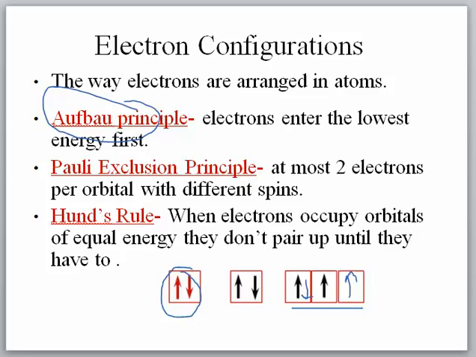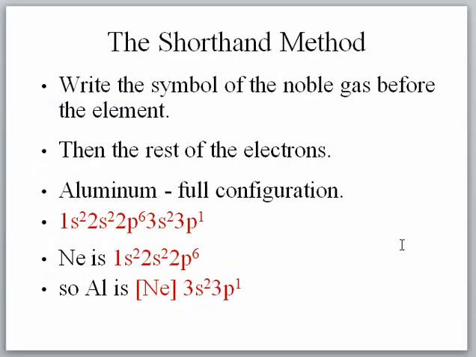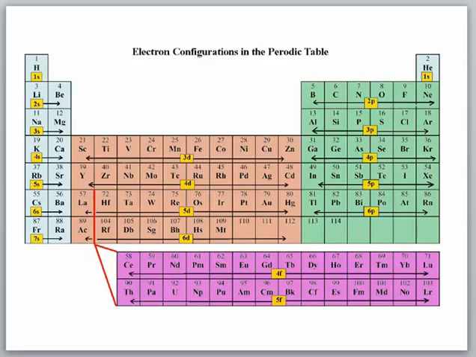So Aufbau, Pauli, and Hund's rules always have to be obeyed. The shorthand method for writing electron configurations is, of course, using the noble gas and then whatever energy levels follow that. You have a periodic table. The periodic table will absolutely guide you through.